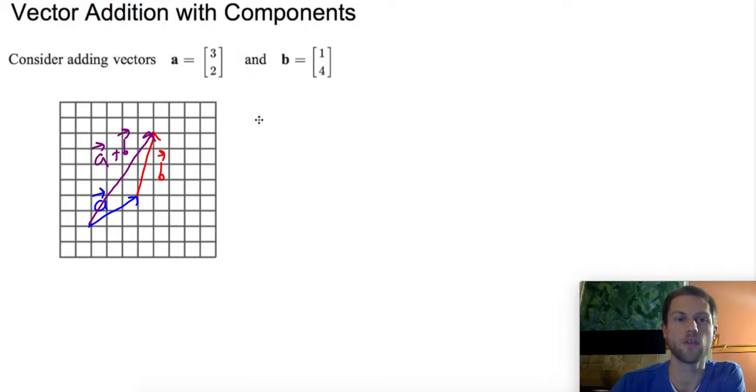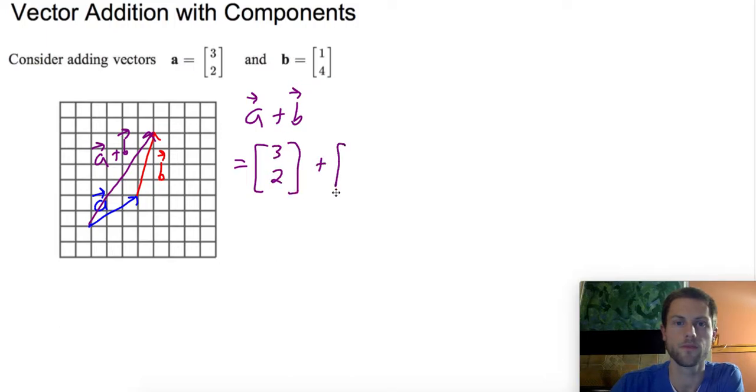If I want to add two vectors, A plus B, that's the same thing as adding the component form 3, 2 plus 1, 4. Oops, not 1/4. 1 and 4.